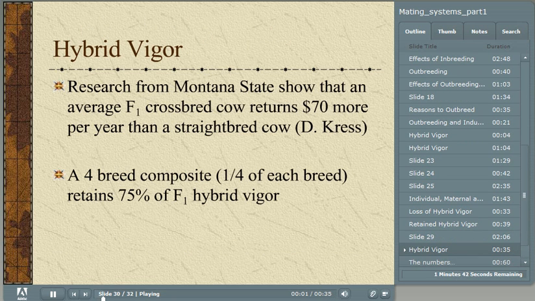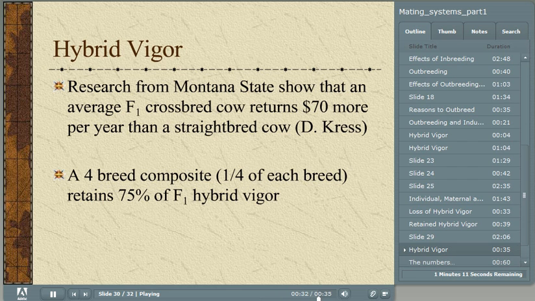So some of you are asking, all right, who cares? Why is this important? Well, if you look at this relative to a beef operation, there's research out of Montana State that shows, on average, a first crossbred cow returns $70 more per year than a straight-bred cow. So remember, that's above the average of the two parental breeds. Now let's move that to a 4-breed composite where there's a quarter of each breed. Those retain 75% of their F1 hybrid vigor.